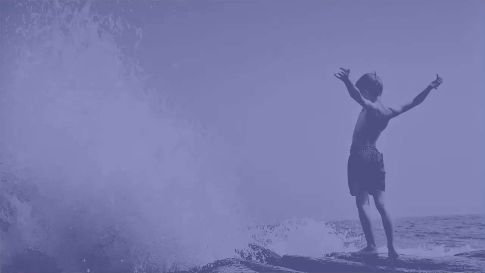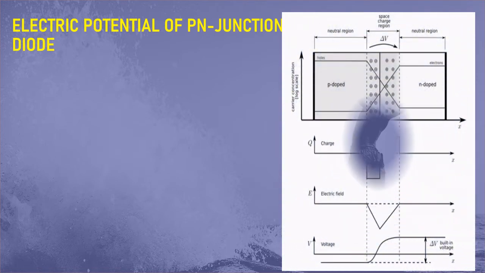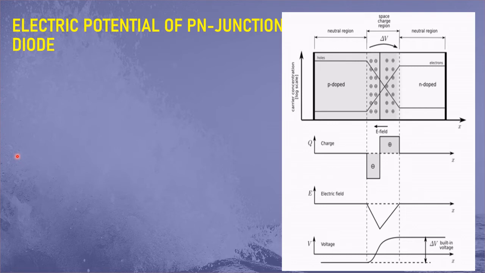Today we talk about the electric potential of a PN junction diode. This is the PN junction diode, its electric field and its electric potential, or graphical representation. So how can we get the electric potential? If we integrate the electric field, we get the electric potential.